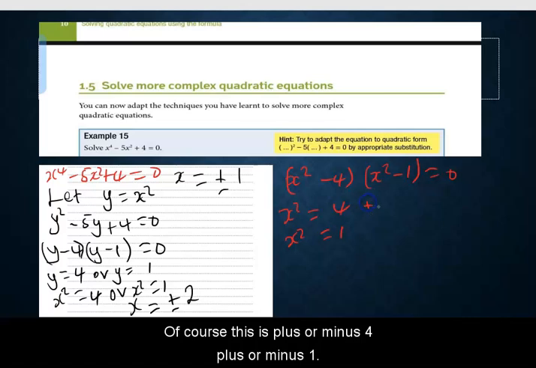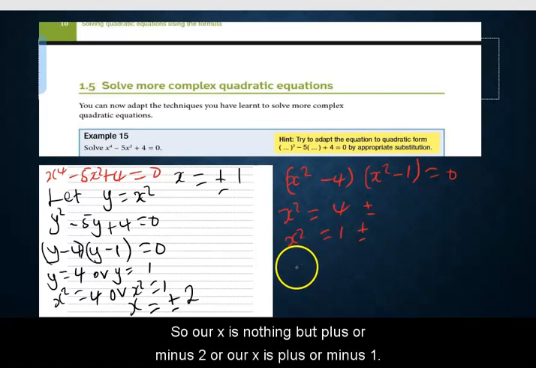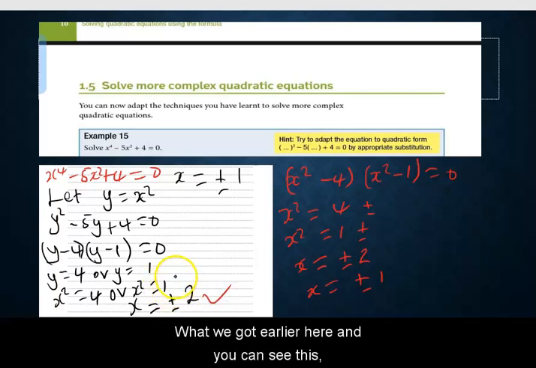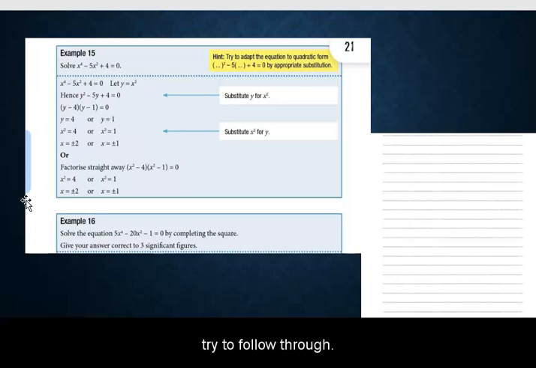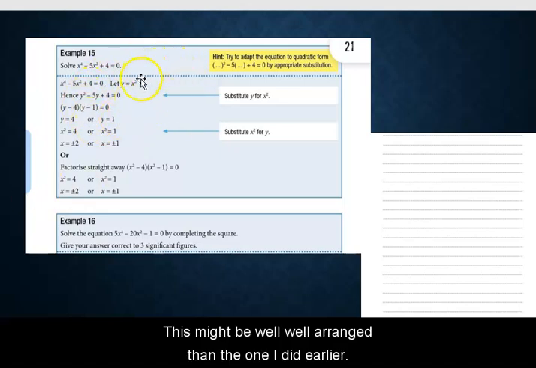Of course, this is plus or minus 4, plus or minus 1. So our x is nothing but plus or minus 2, or our x is plus or minus 1, what we got earlier here. And you can see this. Try to follow through. This might be better arranged than the one I did earlier.